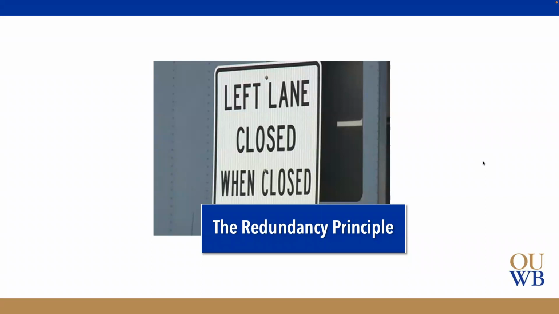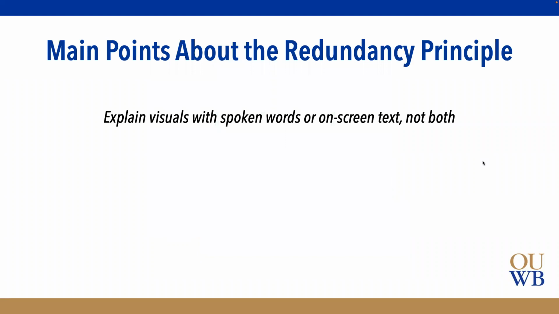This really gets into you want to explain visuals with spoken words or on-screen text, and not both. This is sort of a natural extension of the contiguity principle, which we were just talking about. And it happens a lot.